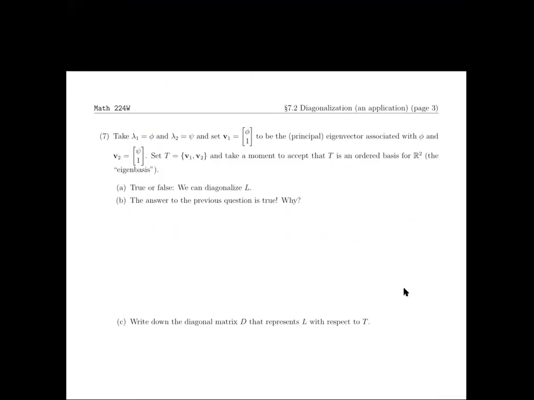So here's what we're going to do. We're going to make the eigenbasis. So our eigenbasis T is the set phi1, c1. Notice that these are indeed linearly independent vectors, right? phi1 as a vector is not an integer multiple of c1 as a vector.